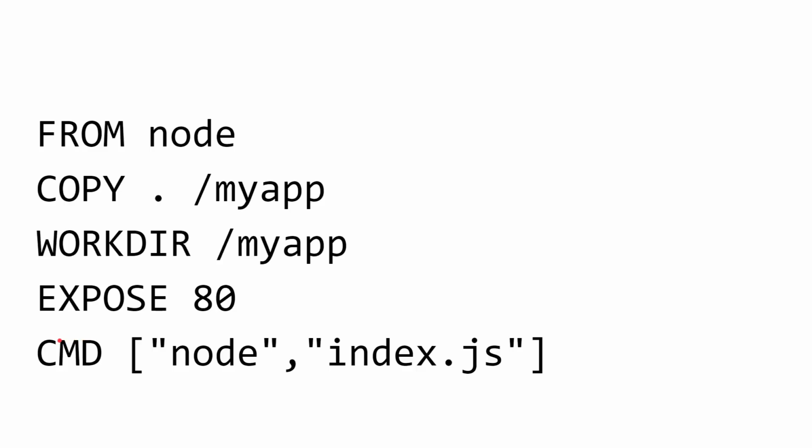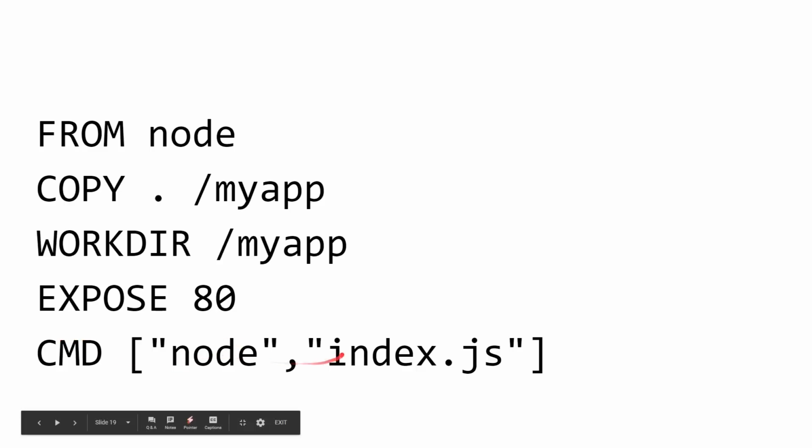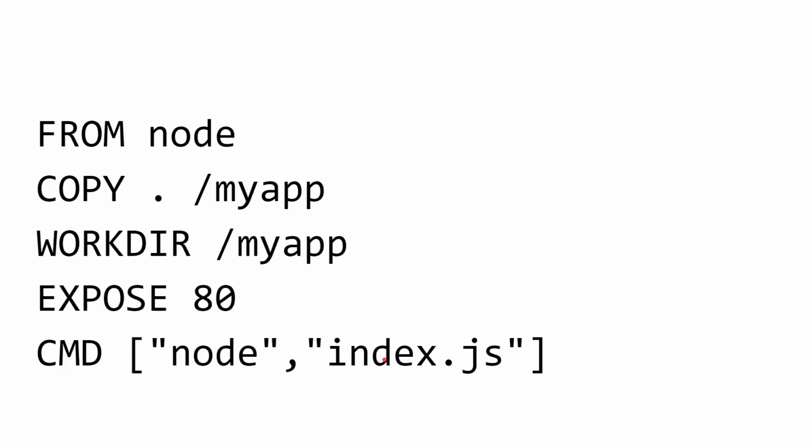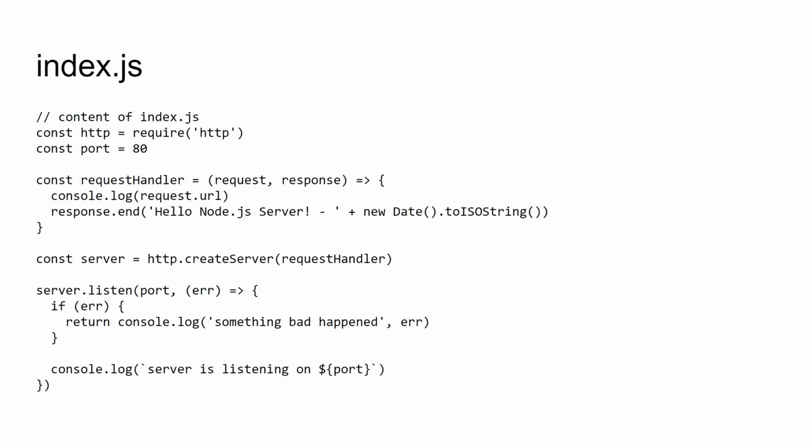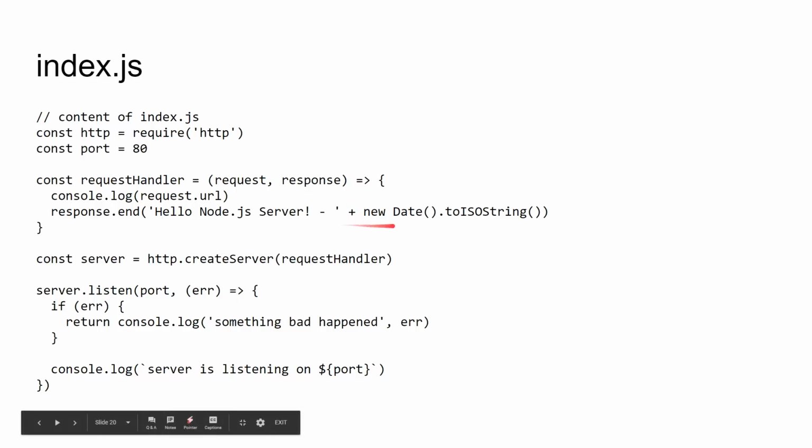And then we're saying when you run the container, please run node and run index.js. Now, what's index.js? Well, let's have a look. It is basically a very, very simple and stupid in one sense web server that whatever request it gets, it's going to say hello node.js server here and the date and time.